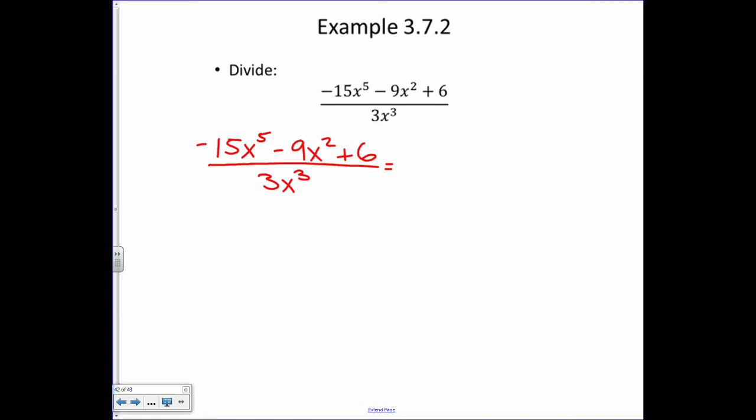And so we just want to take every term in the numerator and divide it by the denominator. Negative 15x to the 5th over 3x cubed minus 9x squared over 3x cubed plus 6 over 3x cubed.